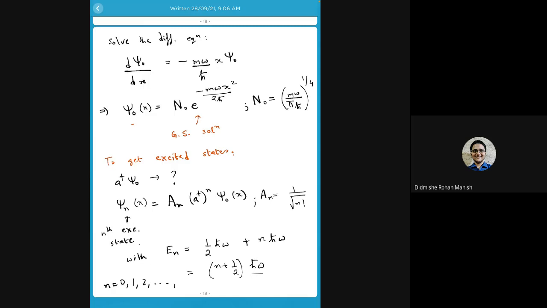You know the action of a dagger on psi 0, so every time it gives you a factor of 1 by root of n minus 1. Okay, have I not shown that to you? Let me do that also. Just one minute.